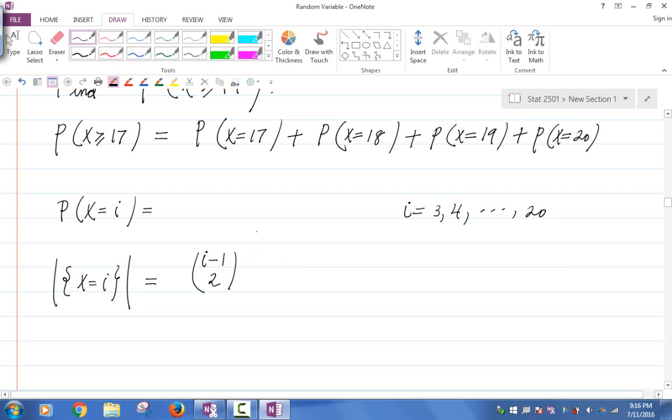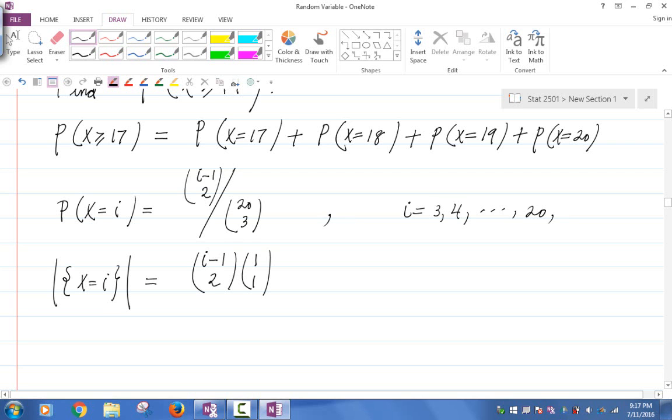And then the ith number has to be picked, so there is only one ith number. From that I have to choose one. So that's how many ways I can pick 3 numbers where I is the largest number. And so the probability that X is I is basically I minus 1 choose 2, divided by 20 choose 3. Remember, the size of the sample space is 20 choose 3. So that's the probability that X is I.